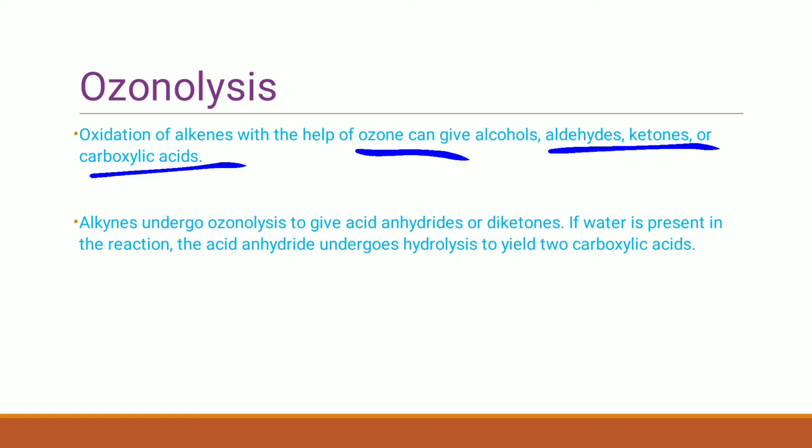Alkynes undergo ozonolysis to give acid anhydrides or diketones. If water is present in this reaction, the acid anhydride undergoes hydrolysis to yield two carboxylic acids.